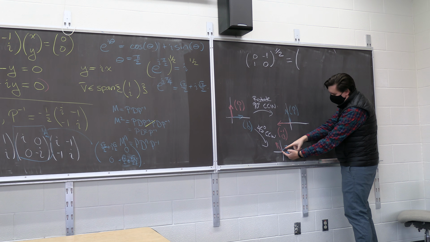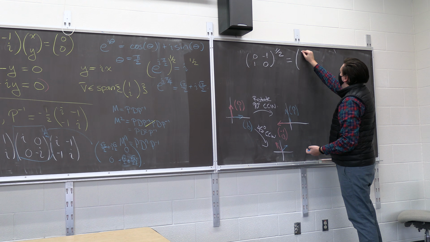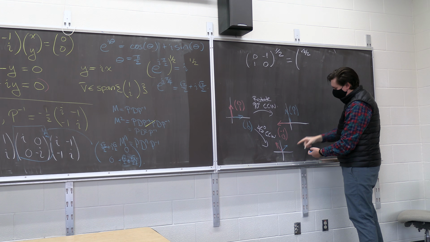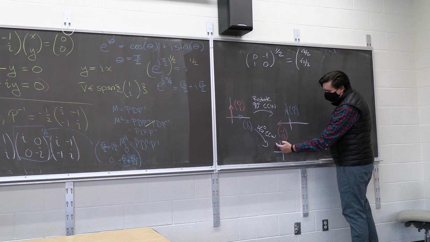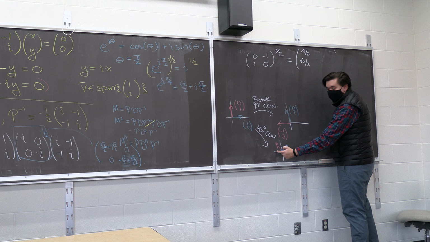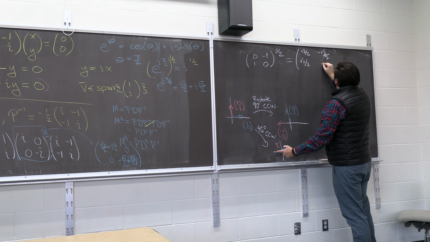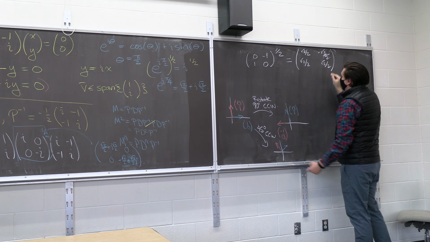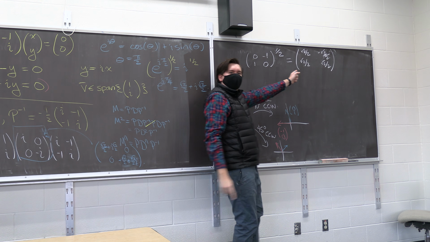What is this guy? Length 1, it's at 45 degrees. What's the coordinates of that guy? Root 2 over 2 by root 2 over 2, right? And how about this guy? What are his coordinates? Still length 1, but now the x direction is negative, so it's negative root 2 over 2 by root 2 over 2. And sure enough, if you multiply this all out, that's what you should get.